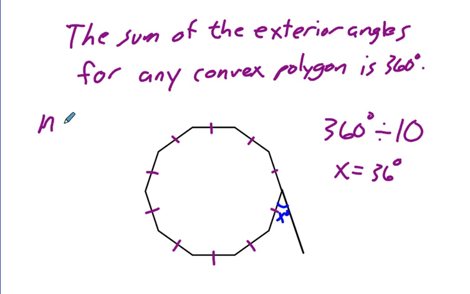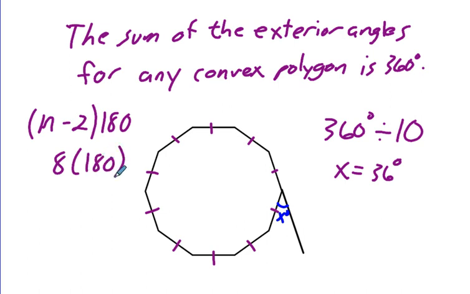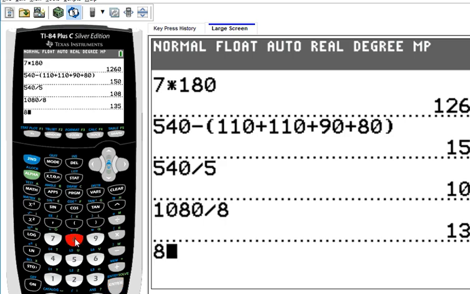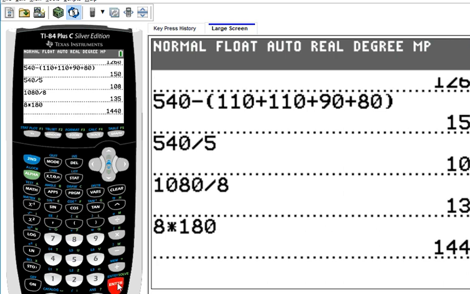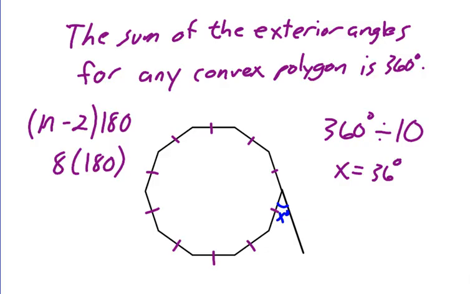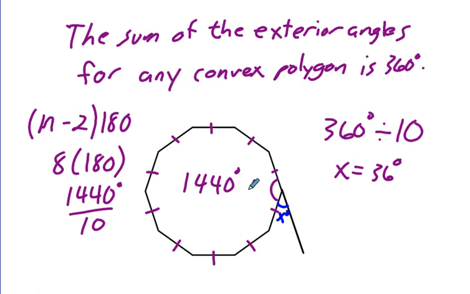If we use n minus 2 times 180, so 8 times 180, on my calculator, 8 times 180 gets 1,440 degrees. So the interior angles have to sum to 1,440 degrees. Divide that by 10, because there are 10 interior angles, and we get each interior angle to be 144 degrees.